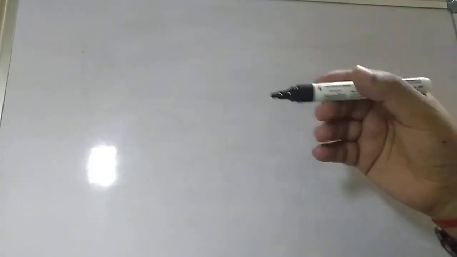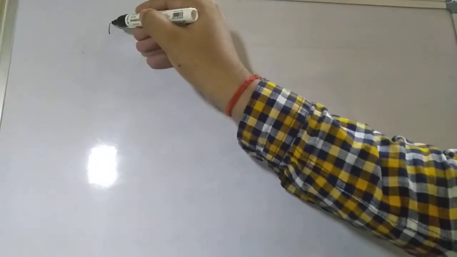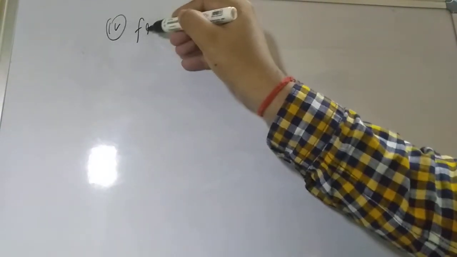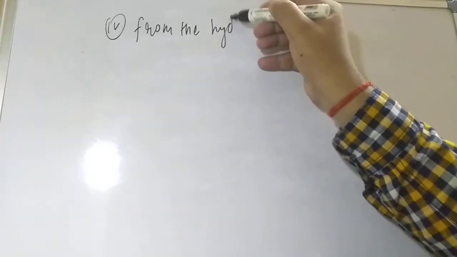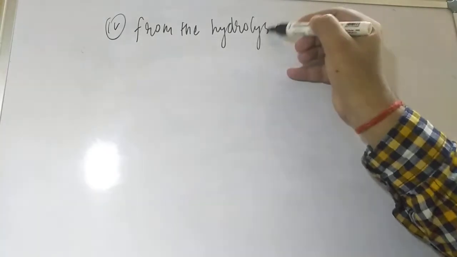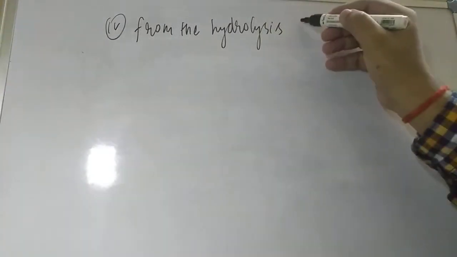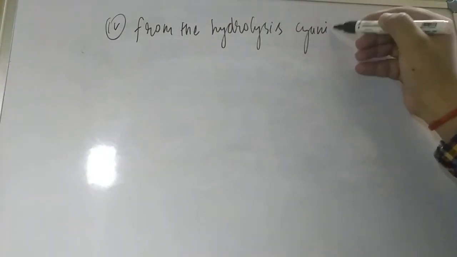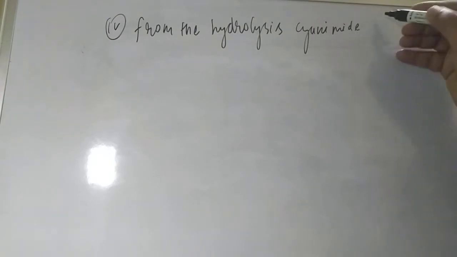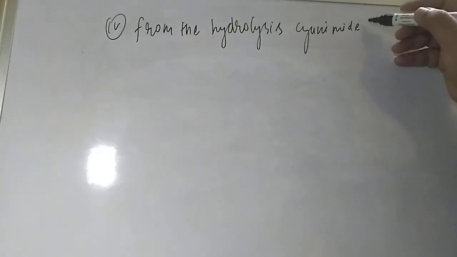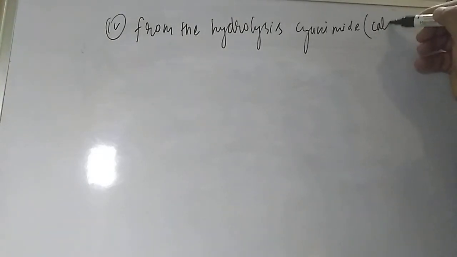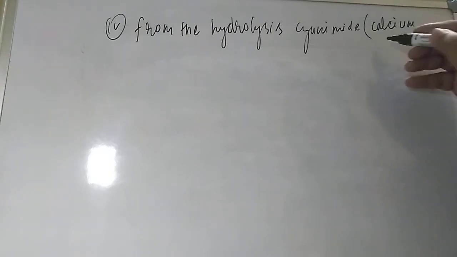The fourth method is from the hydrolysis of cyanamide. We know the formula of cyanamide; generally we take calcium cyanamide, or magnesium cyanamide.